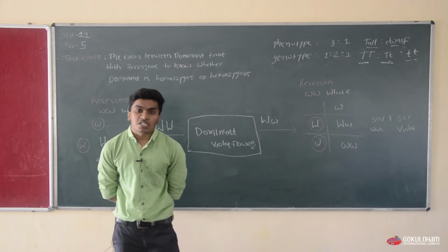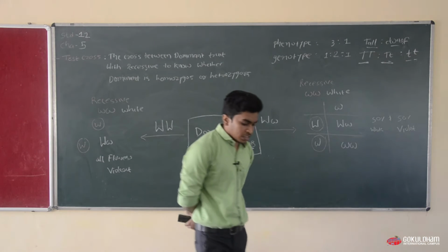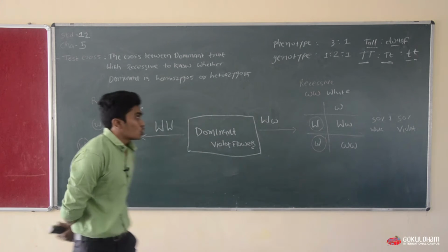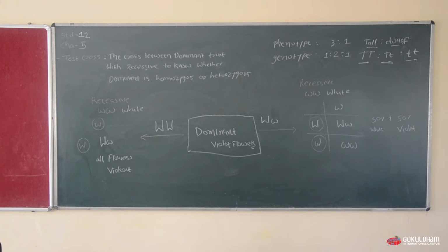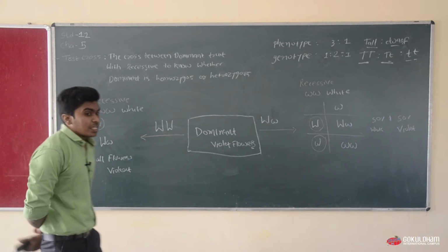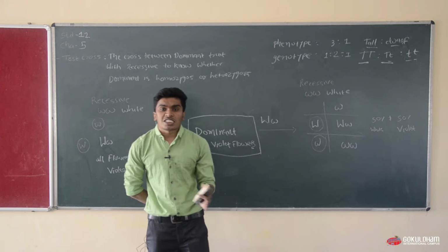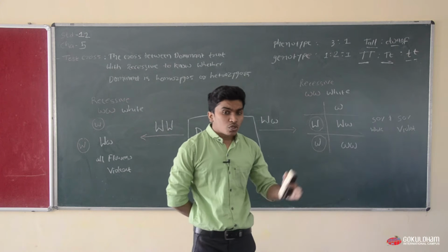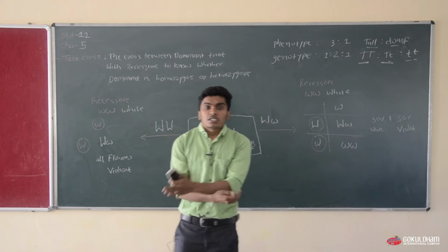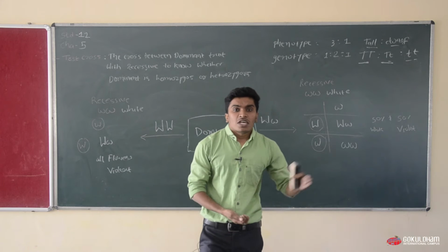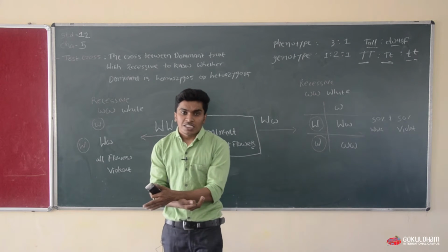For this, Mendel developed one cross and gave it the name test cross. In test cross, we cross the dominant character with the recessive character to find out whether the unknown dominant parent is heterozygous or homozygous.